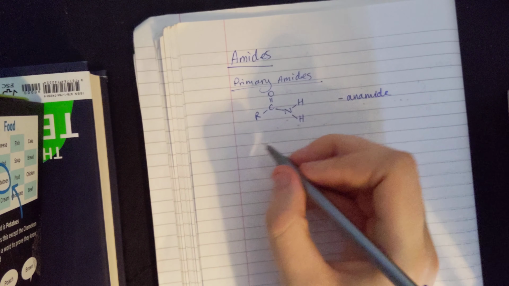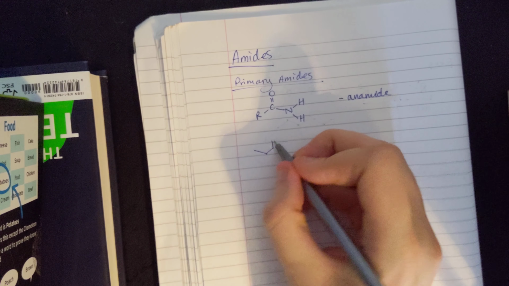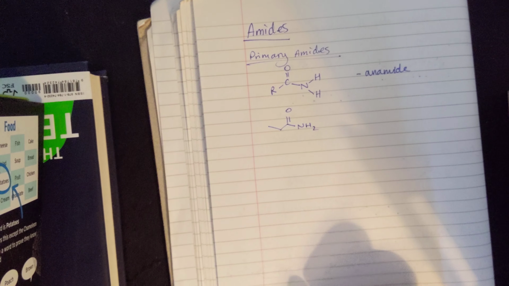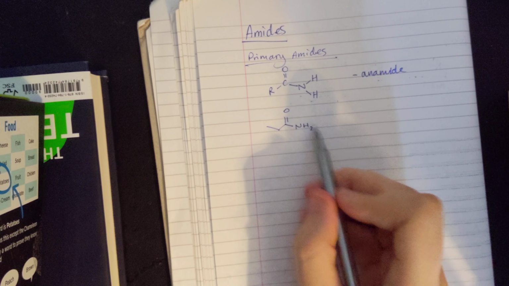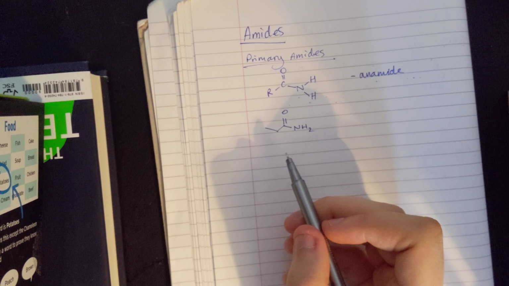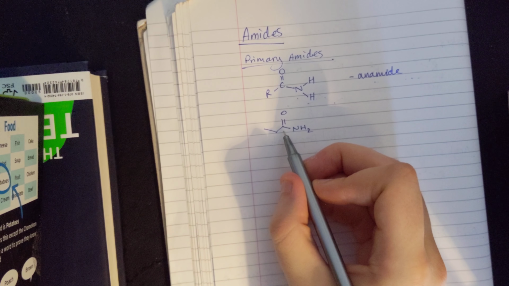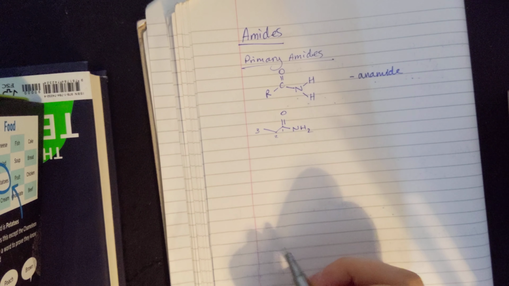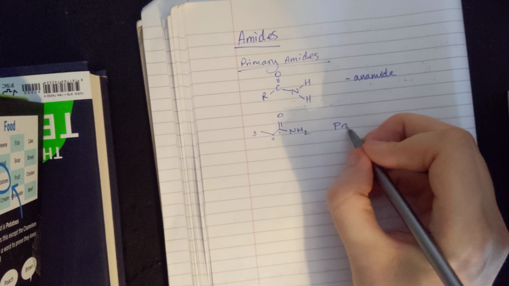So if I draw out an example, this is a primary amide. It hasn't got anything else other than hydrogens attached to this nitrogen aside from our carbonyl chain. You look for the number of carbons. So we've got 1, 2, 3. That gives the prefix prop. So this is just propanamide.